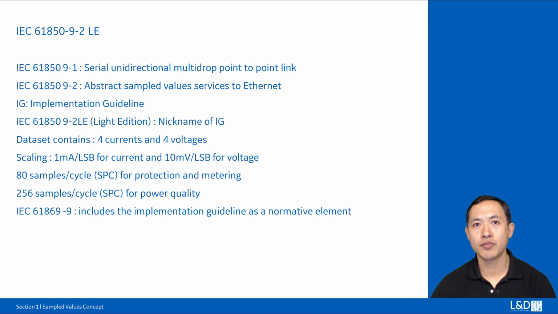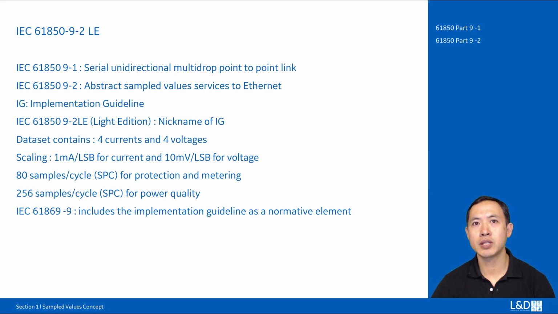In the module of IEC 61850-102, we learned that IEC 61850-9-1 is about serial unidirectional multi-drop point-to-point link. IEC 61850-9-2 defines the mapping of the abstract sampled values services to Ethernet. It is a generic standard with many options.